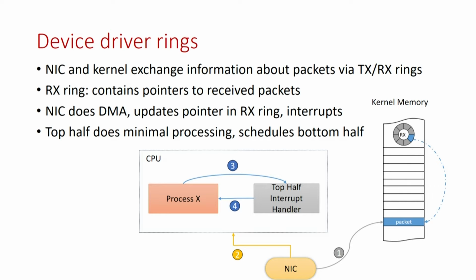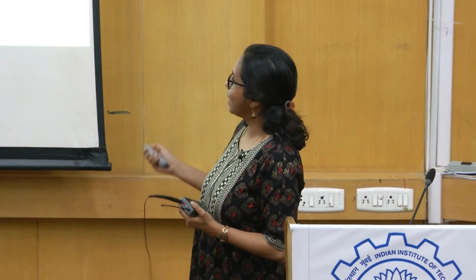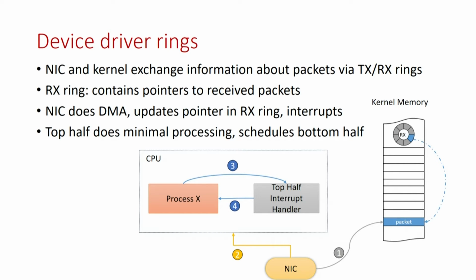Okay? So at this point, I'd like to also introduce this terminology: the device driver and the NIC share what are called these TX and RX rings. What are these rings? These rings are nothing but pointers to received and transmitted packets. Now the NIC cannot just dump the packet somewhere in memory and go away, right? It has to tell the operating system where the packet is. So what it does is, a pointer to this packet is stored in what is called this ring.